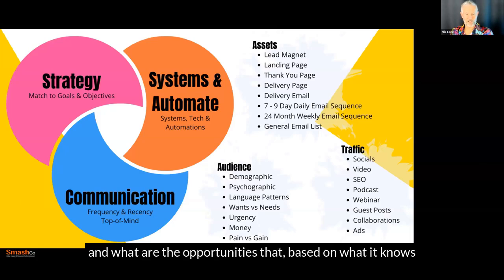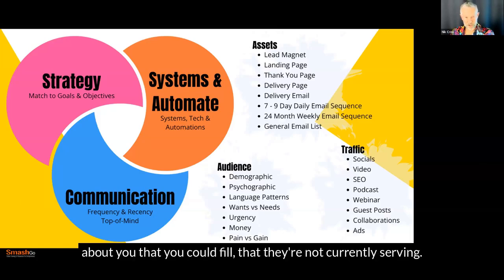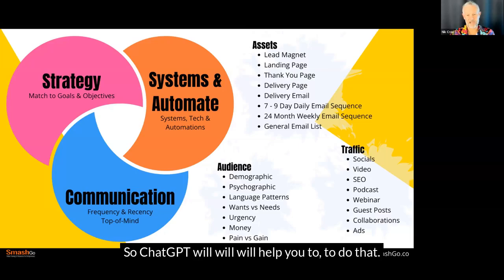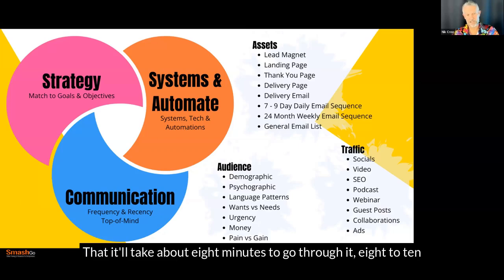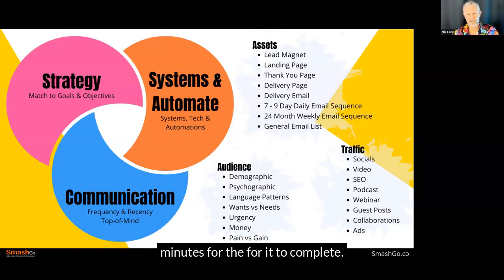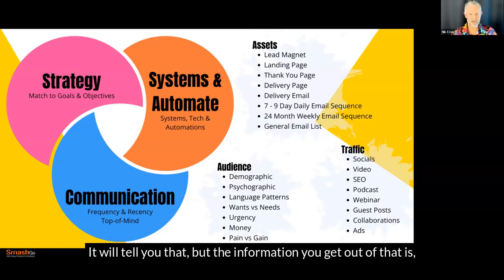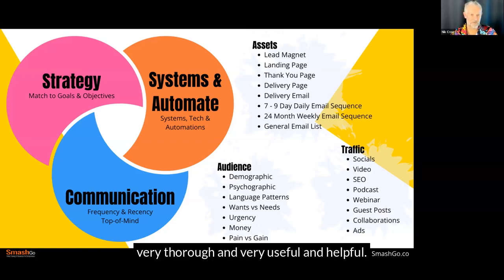And, based on what it knows about you, what opportunities you could fill that they're not currently serving. So look for that Deep Research tool in ChatGPT. It'll take about 8 to 10 minutes to complete, it will tell you that, but the information you get out of it is very thorough, very useful and helpful. It will help you with your strategy.